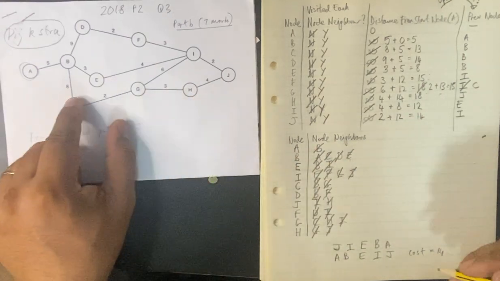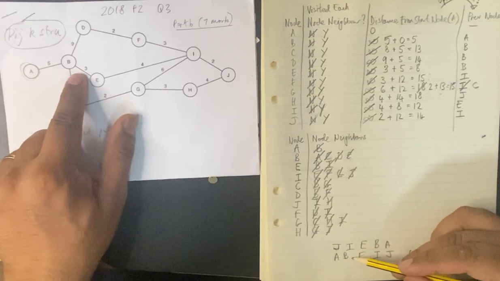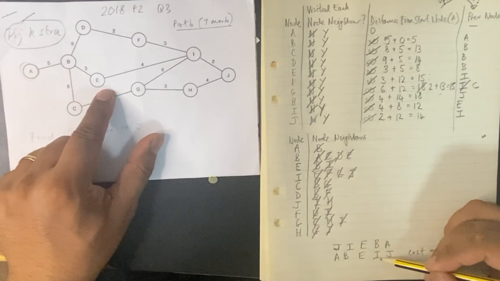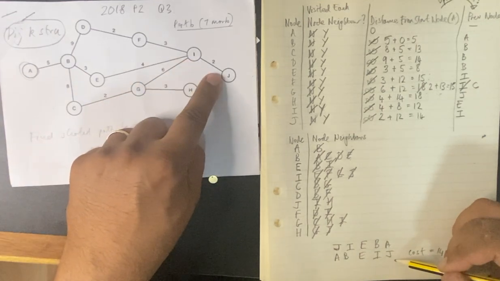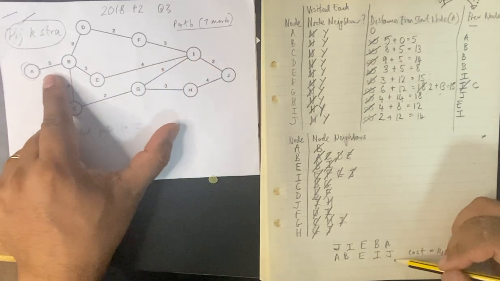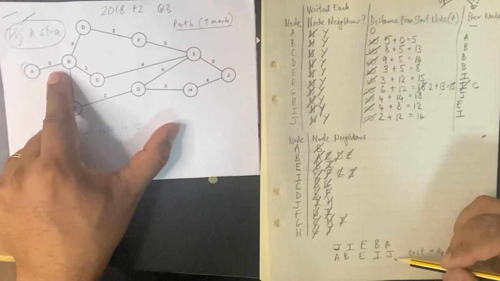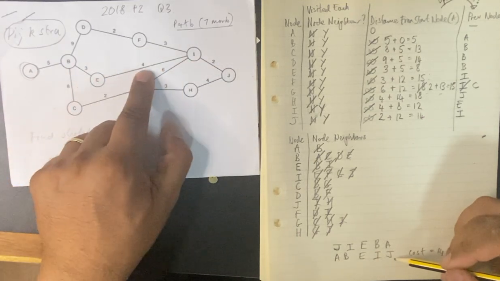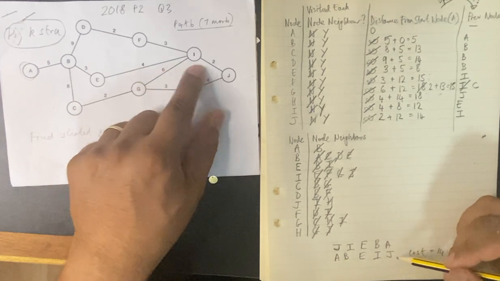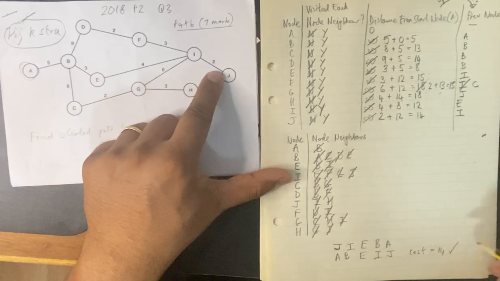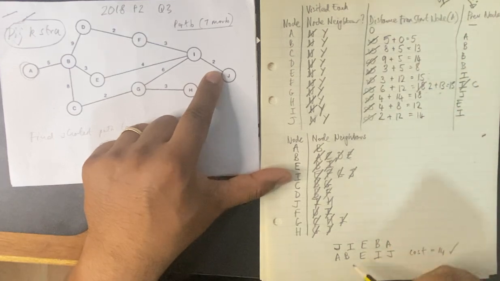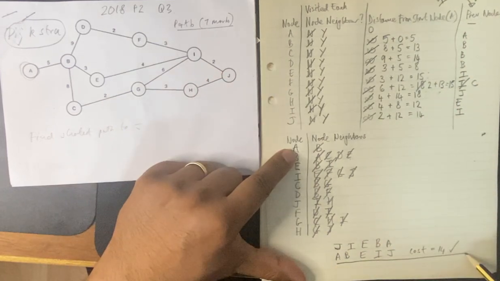So let's look at what that path would be. It'd be A to B to E to I to J, and then that would be 8 plus the 4 is 12 plus the 2 is 14. So that looks right. Okay, now, so we've answered the question. There's the path and there's the cost.